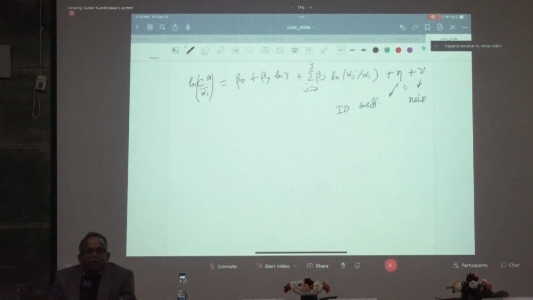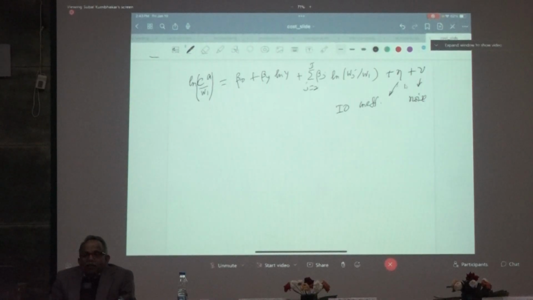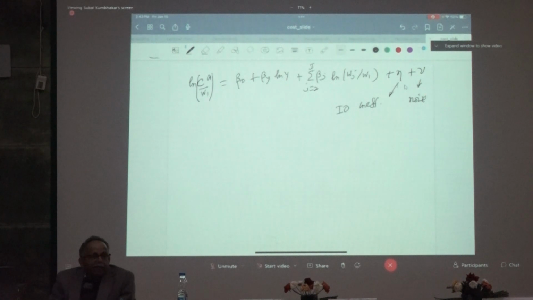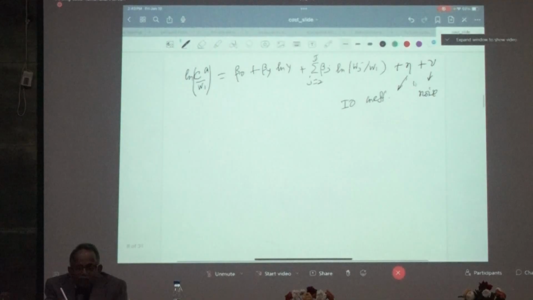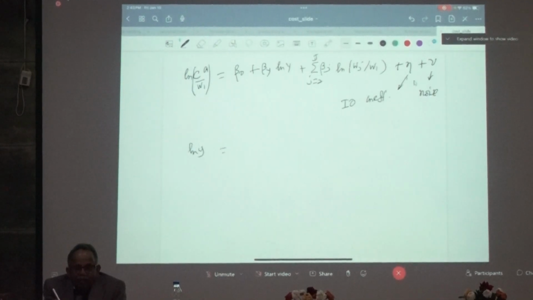Now if I ask you, do you see any similarity between the production function and the cost function? Or dissimilarity? Mathematically speaking, what is the difference? Let me write it like this. The production function is like this. Let me write it in a different notation: alpha j log of xj plus V minus U. I'm just putting them side by side.